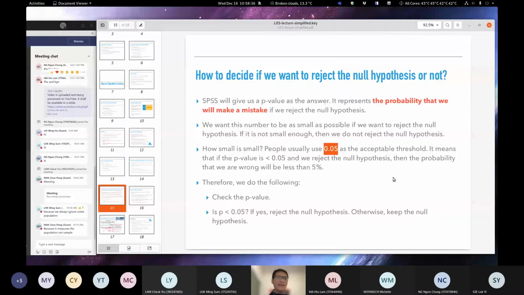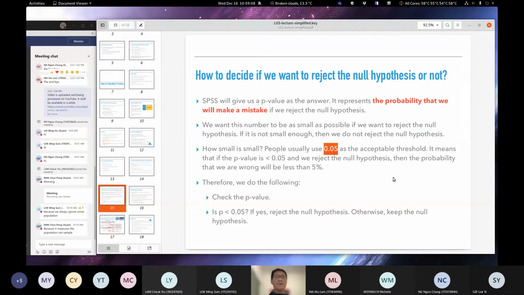Some people may say, well, I am willing to accept a higher probability of making a mistake. So in that case, some people might be using 0.1 here. 0.1 means that it is okay if the probability of making a mistake is up to 10%.